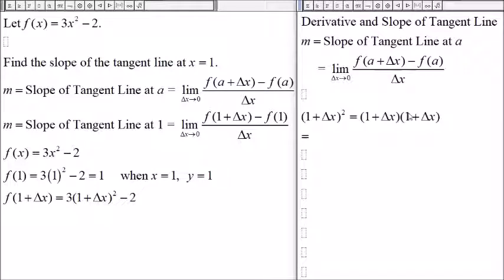One times 1 is 1. 1 times delta x, then we get 1 times delta x. This is delta x times 1, but we'll go ahead and write it as 1 times delta x. And then we have delta x times delta x. That's going to be delta x squared.